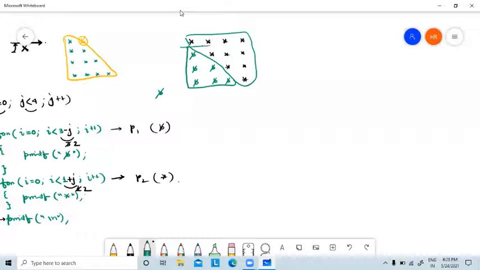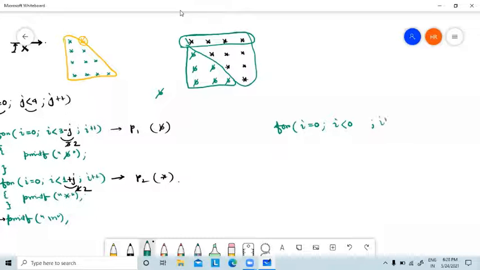Okay. So how to print the first row? See, in the first row, there is no blank space at the start. Okay, so your blank space structure should be like this: I equal to 0, no blank space, I less than 0.